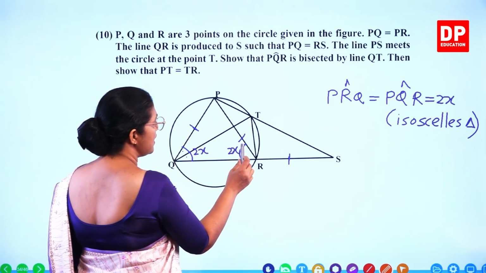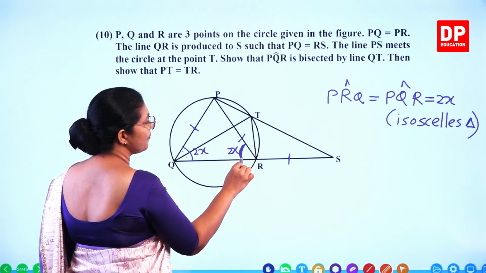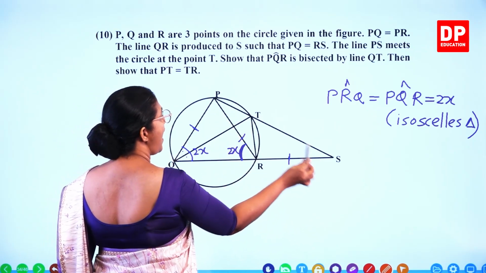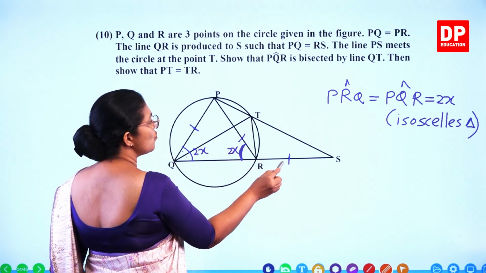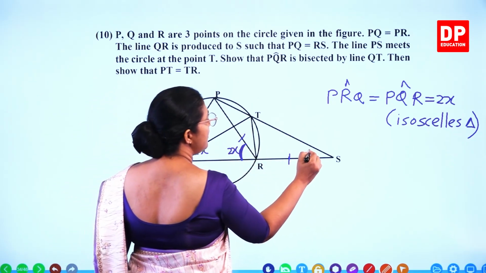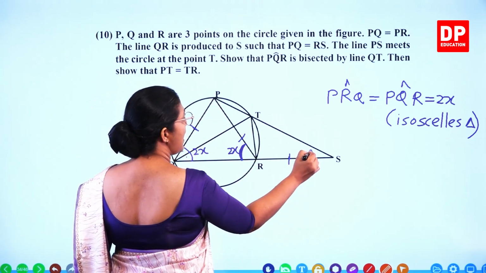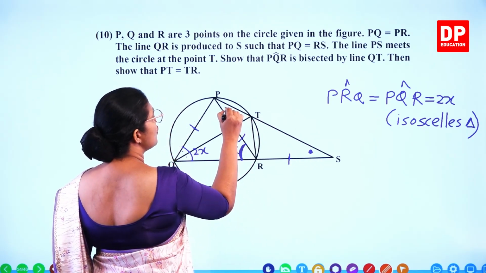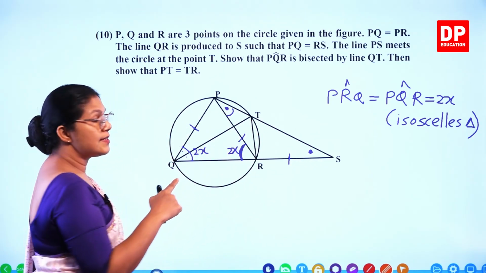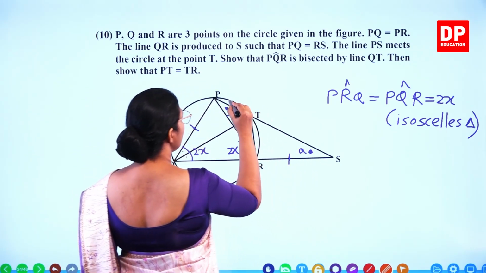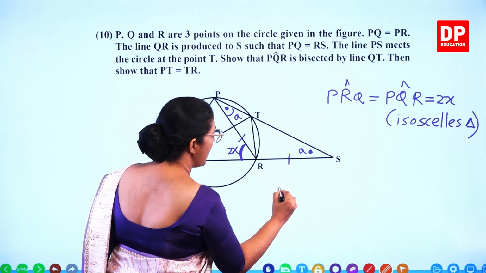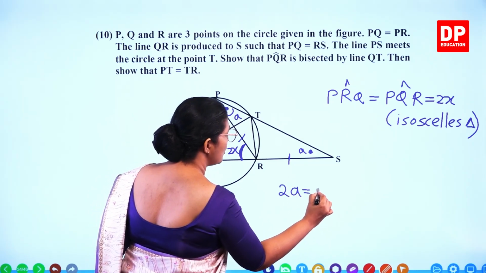Now can you see this is 2x. And this is the exterior angle to triangle PRS. So if these 2 are equal, this angle and this angle should be the same. But the sum is 2x. So we'll put A here. 2A is equal to 2x.